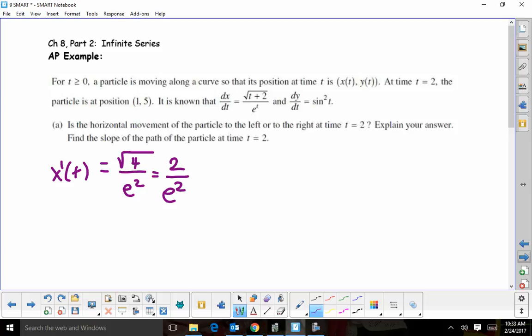Point gone. Easy justification. You do not have to put x equals 2. I meant to say x prime of 2. Minus 1. Minus 1.